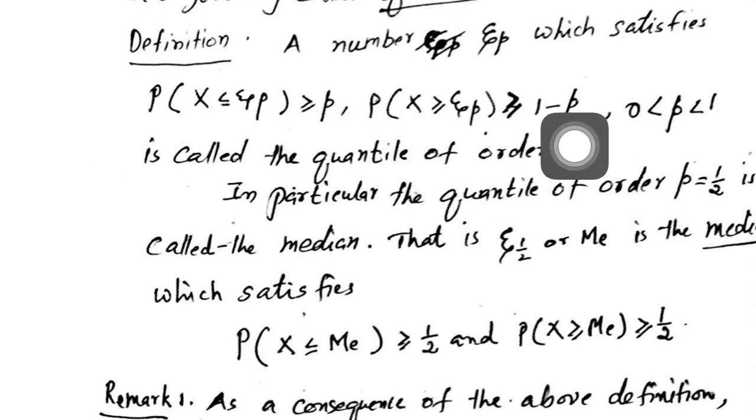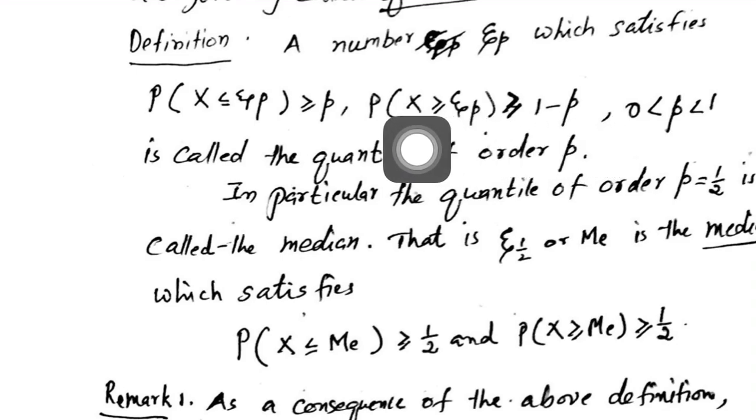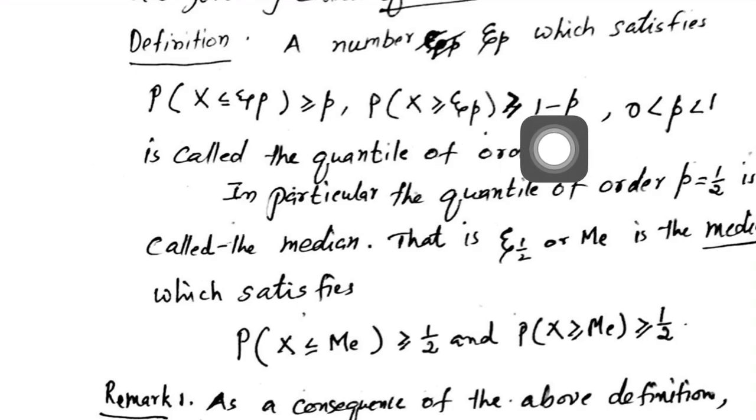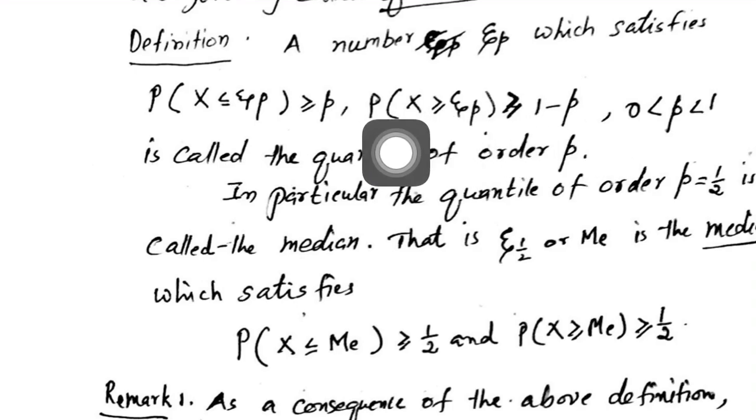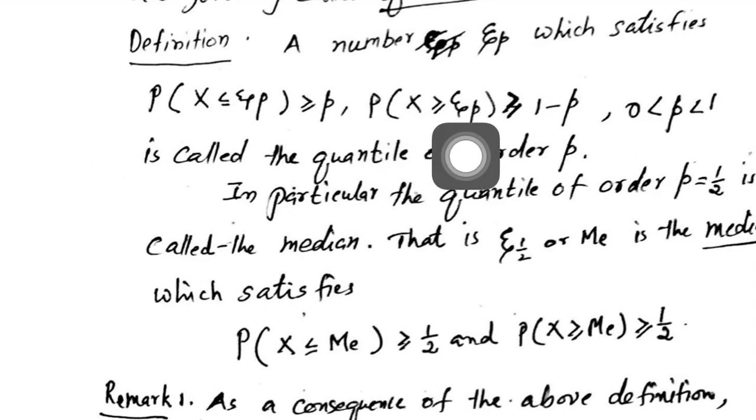So 1 minus P is less than or equal to the probability that x is greater than or equal to psi P, which you can write as 1 minus the probability that x is less than psi P. You can't write x less than or equal to psi P for the time being.